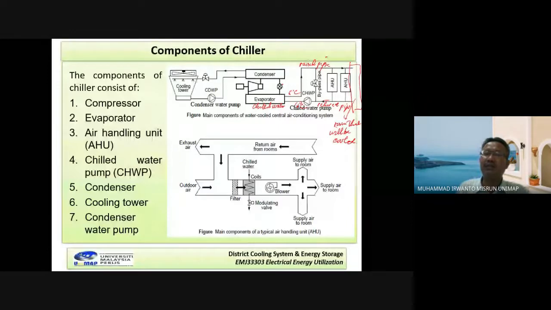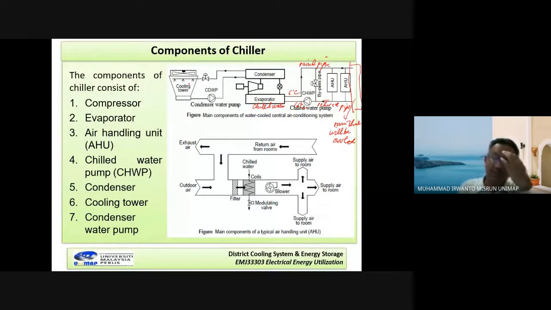Now through this pipe, it goes to this condenser. Same like in our aircon, this condenser will increase the temperature. So the temperature here is higher than this one, and then it goes to this cooling tower.